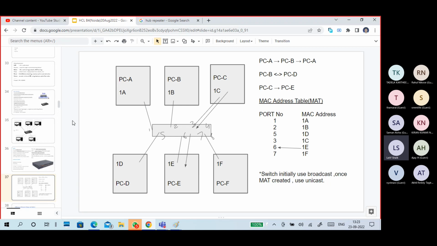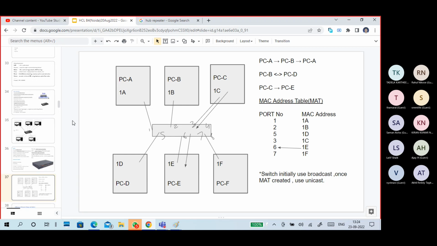So it records the MAC address of the device and the port number where it is connected. Like port number 1 is connected to PC A, and PC A's MAC address is, for example, 1A. Port number 2 is connected to PC B, and PC B's MAC address is 1B. Like that, it maps them.